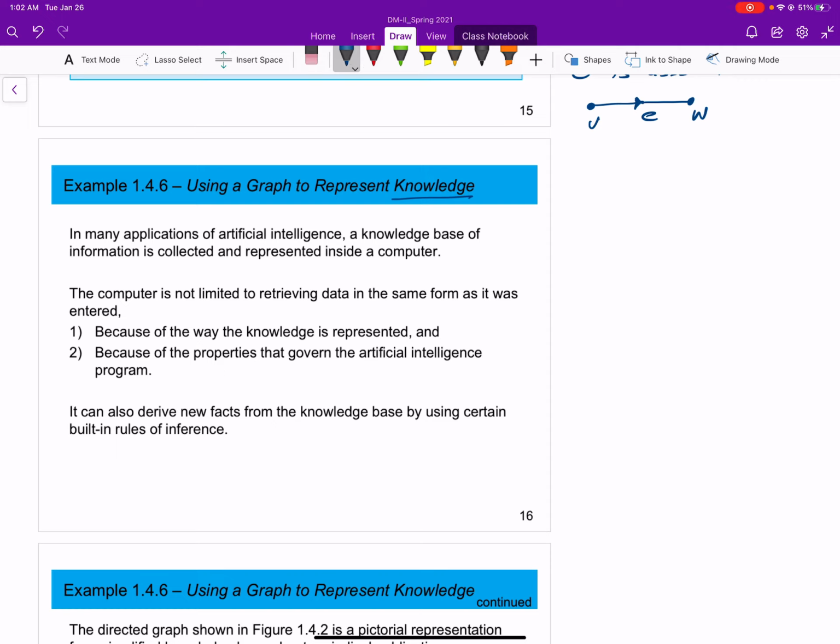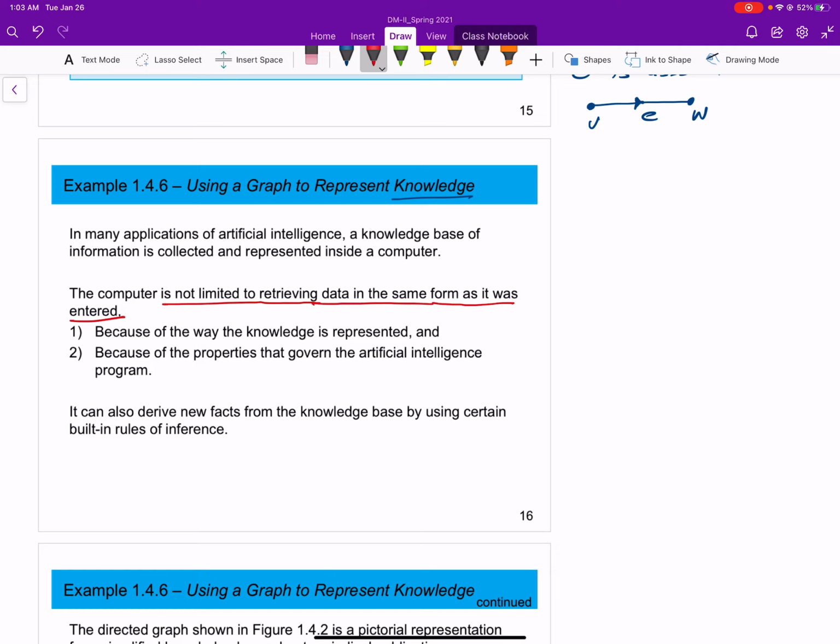In my dogs and cats example, the data you fed are the images of dogs and cats.